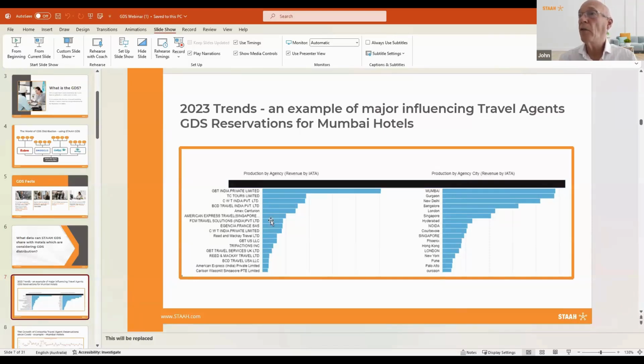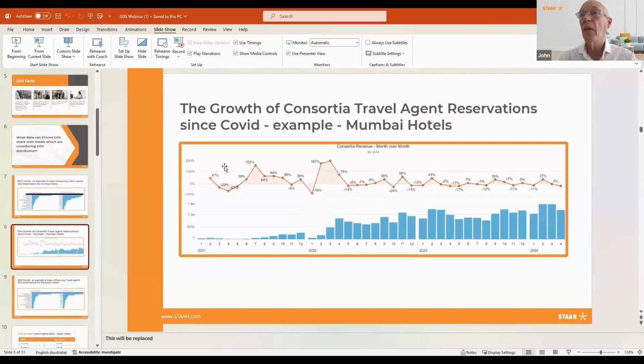So we are able to share this information with the hotels and additional information on top of that. You can see from it what we can provide as data, the growth of consortia travel agent reservations since COVID. And again, we've just used for this webinar an example of the growth and the bounce back since COVID finished in around May 2022, or should I say, restrictions were removed by various governments and countries.